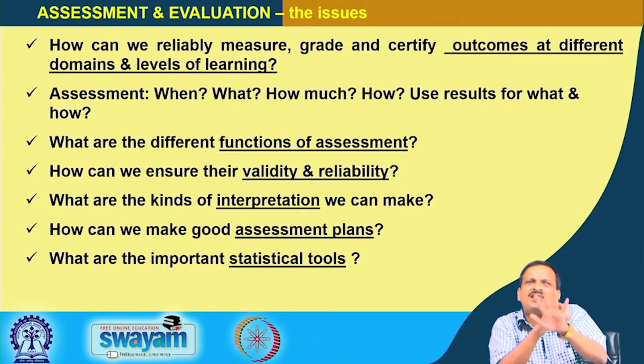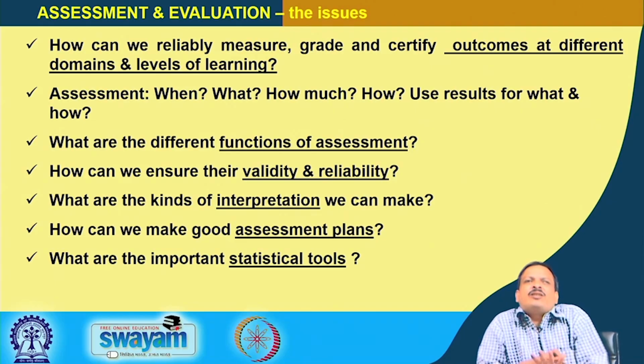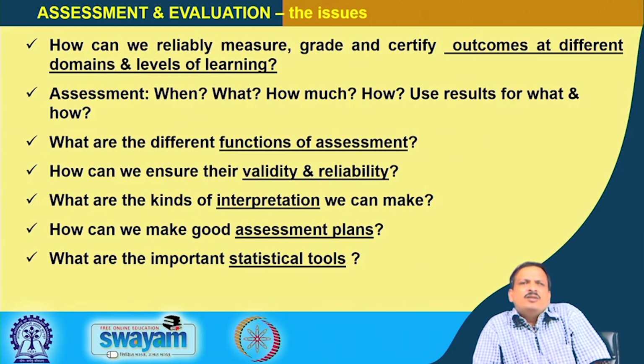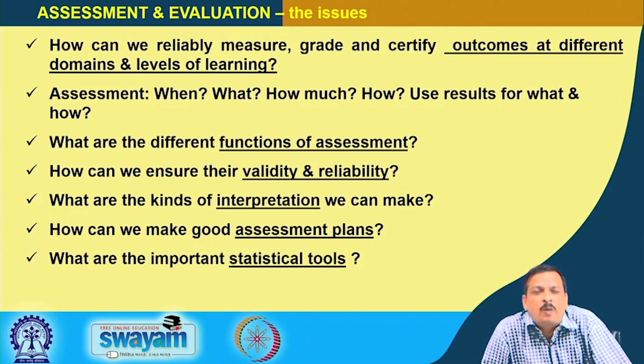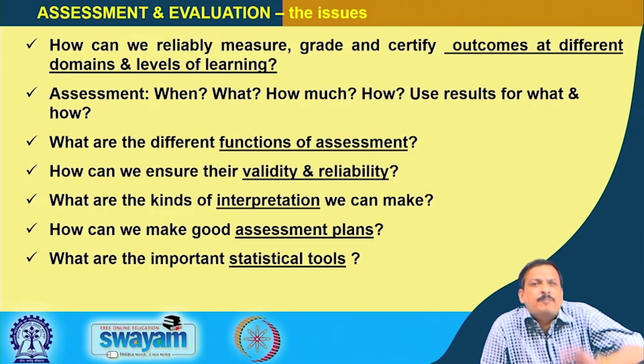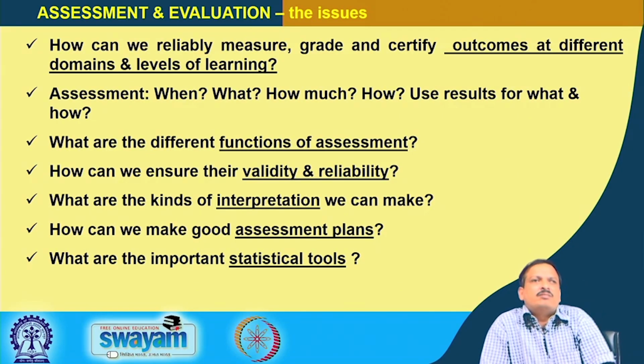So, knowing only 70% of the syllabus or 70% of the competence, I can be evaluated as 100% competent. Then, what is the pass mark? Oh, 30%. So, how much competence have I acquired? Only 21% competence I have acquired, and I am promoted to the next class.